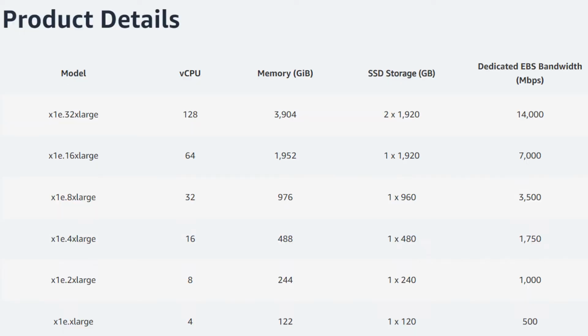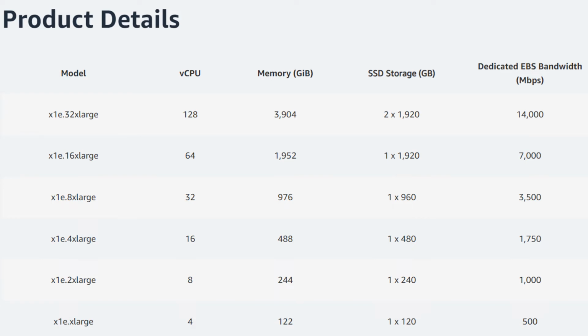So how AWS attempted to deal with this previously was the introduction of the X1e family. So this was an instance family specifically designed to give you as few cores as you could get away with and as much memory as you could allocate.